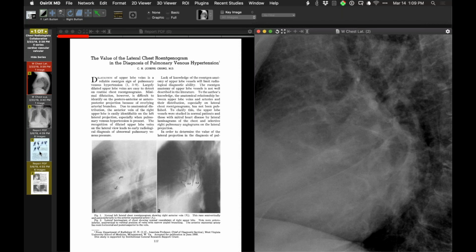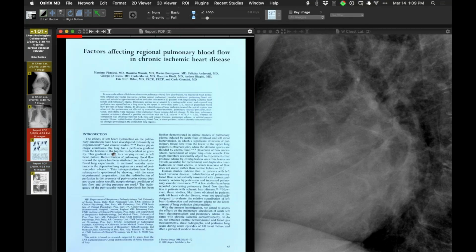And then also we talked about the notion of inversion of pulmonary blood flow being a manifestation of chronic, not acute, pulmonary venous hypertension.